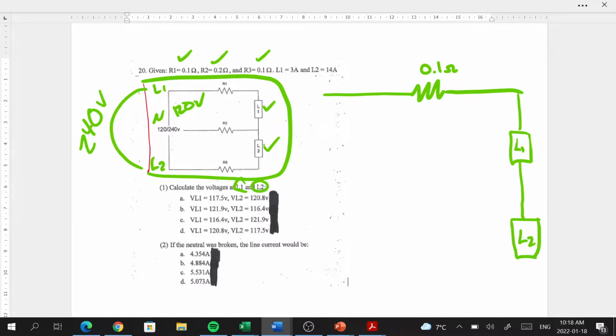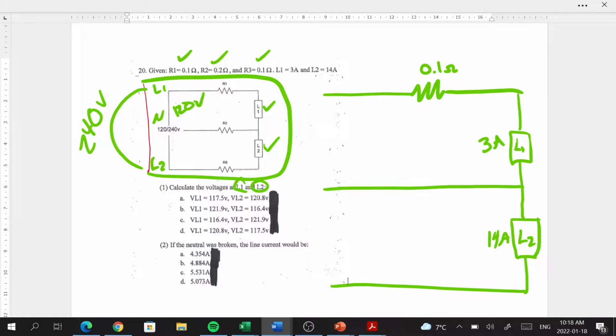Now we don't know the resistance of those loads, but what we do know is the current flowing through them. We have 3 amps going through load 1, and 14 amps going through load 2.